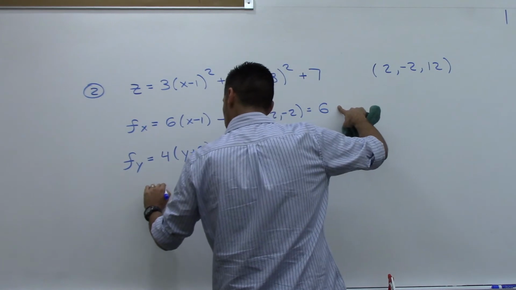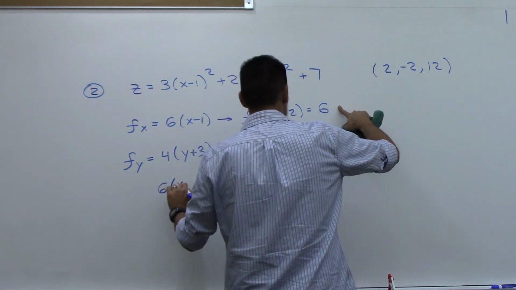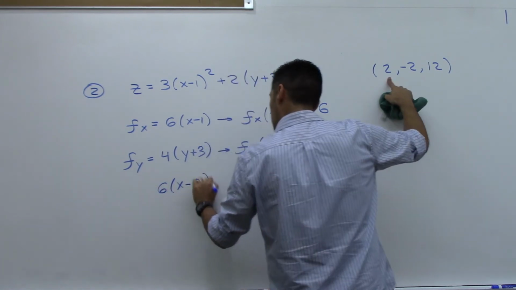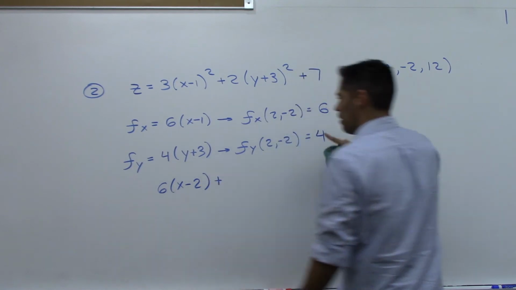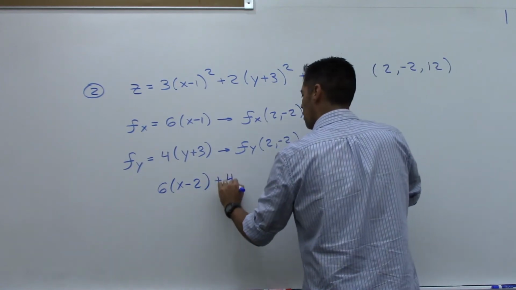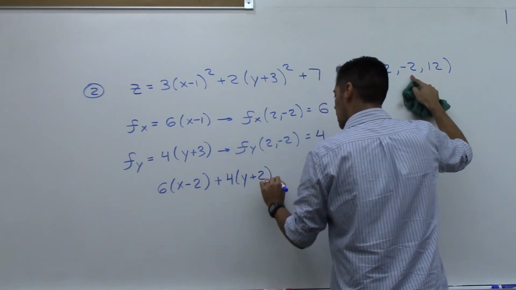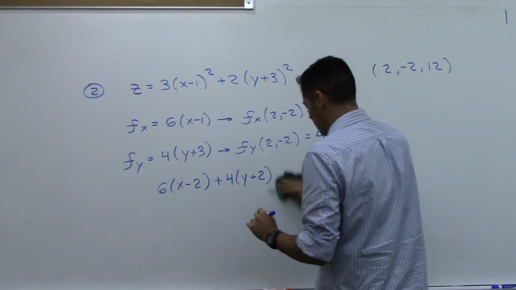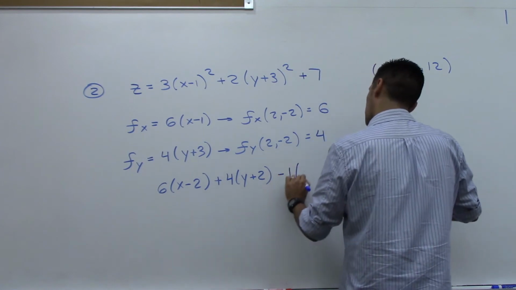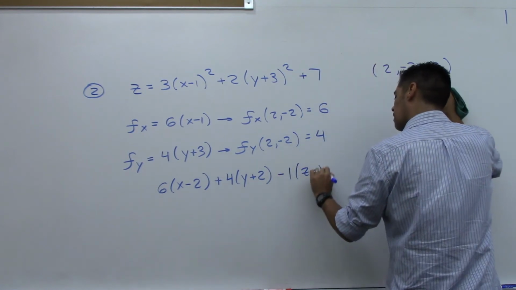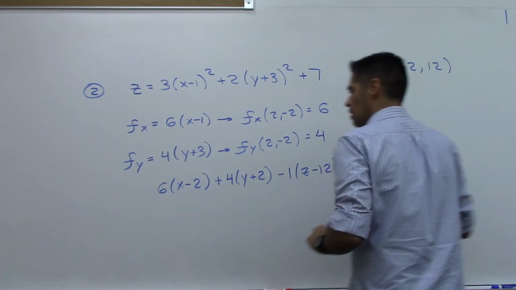I'm going to do this number, 6, times x minus x naught, plus this number right here, 4 times y minus negative 2 is plus 2, and then plus, or sorry, it's always minus 1. And then z minus 12 equals 0.